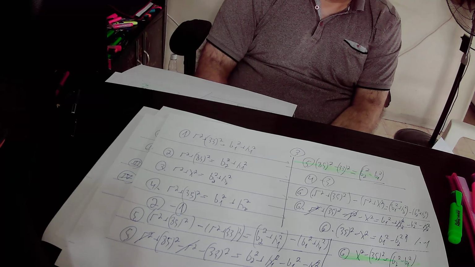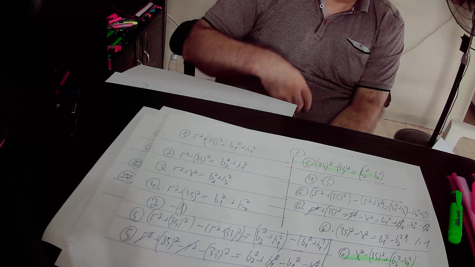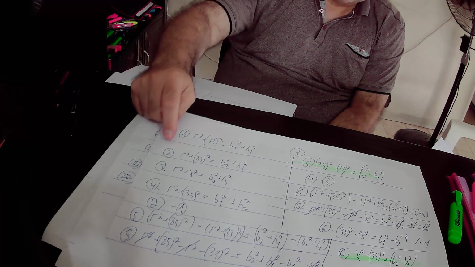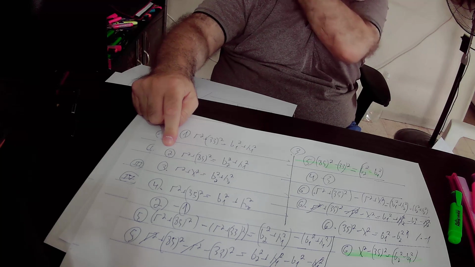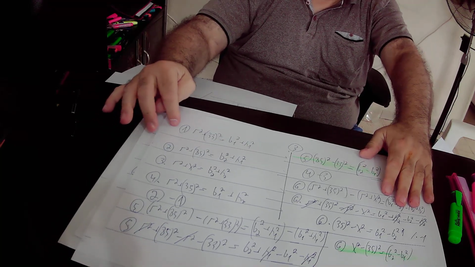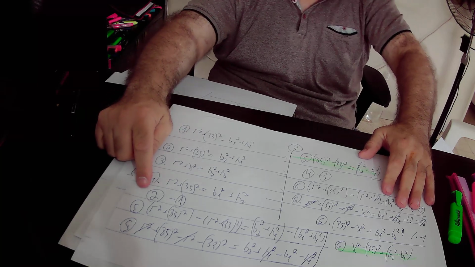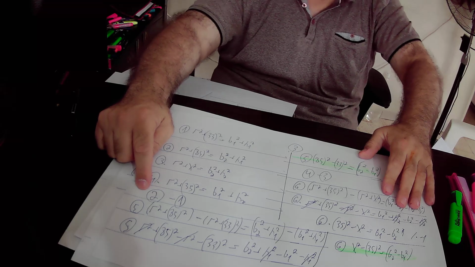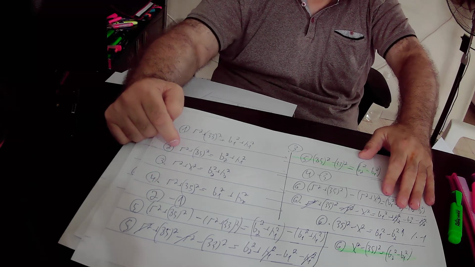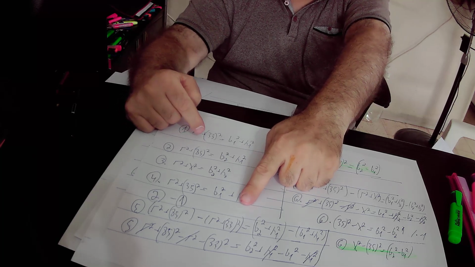Then we subtracted equation number 1 from equation number 2. Okay, so 2 minus 1. Equation number 2 states that r square plus 85 square, minus equation number 1, that is r square plus 33 square.